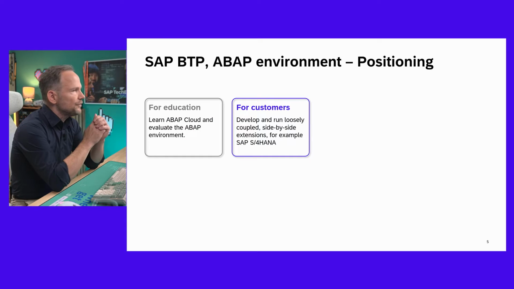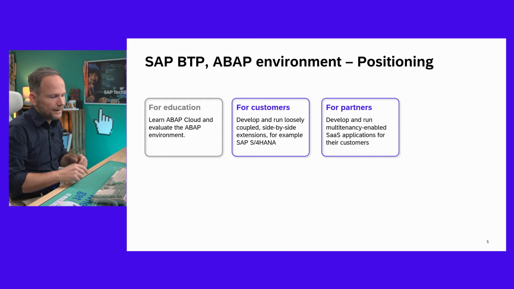You can take a look into the newest and greatest features of the ABAP RESTful application programming model and all the different things. Customers and partners can also use it to create their first POCs before they start their real projects. So for customers, it's important to mention that customers want to develop and run loosely coupled side-by-side applications.